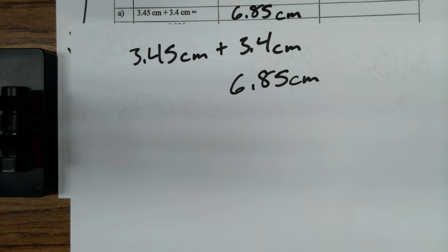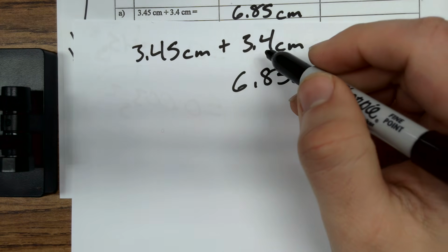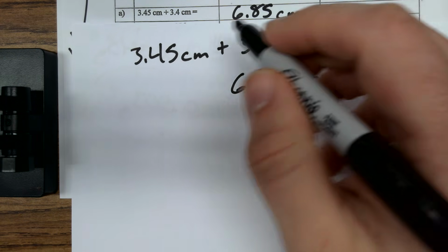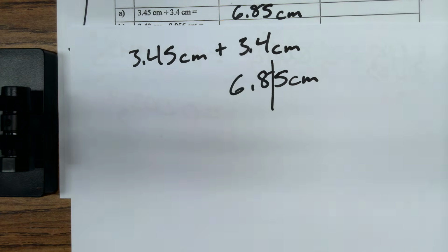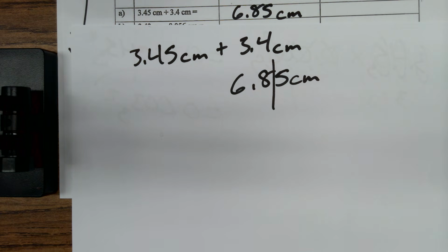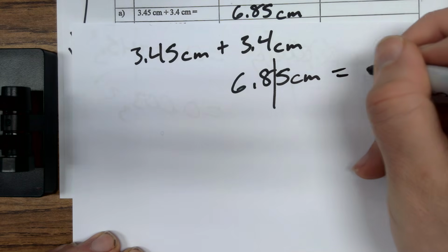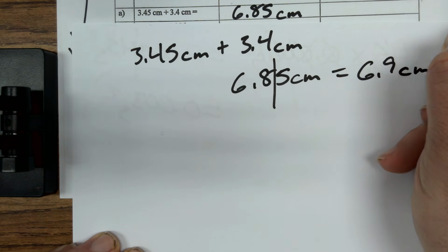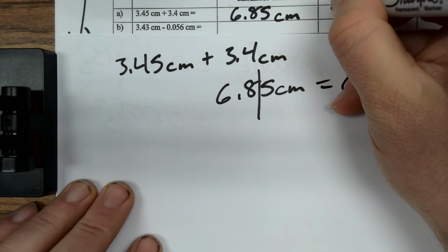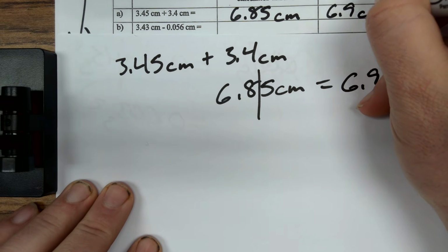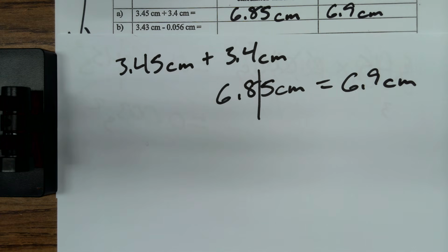How many decimal places can my final answer have? 1, because 3.4 only has 1 decimal place. 3.45 has 2 decimal places. Is the 5 big enough to push my 8 to a 9? Yeah, absolutely. So my final answer, the answer with sig figs, is 6.9 centimeters.